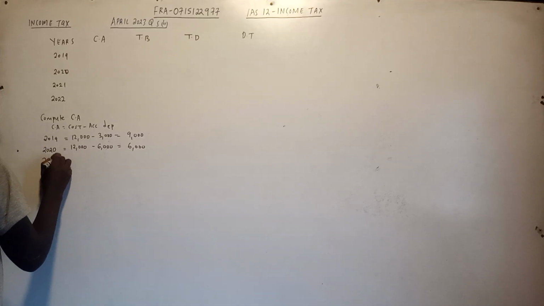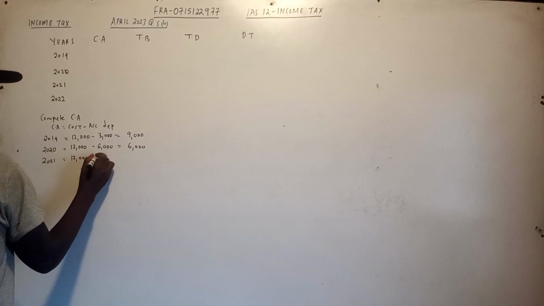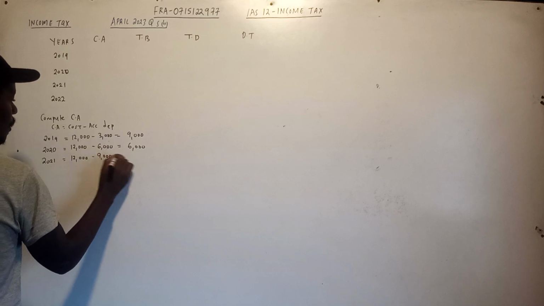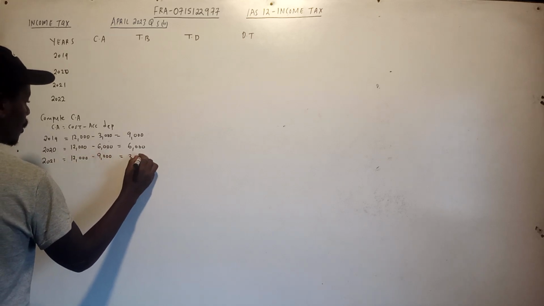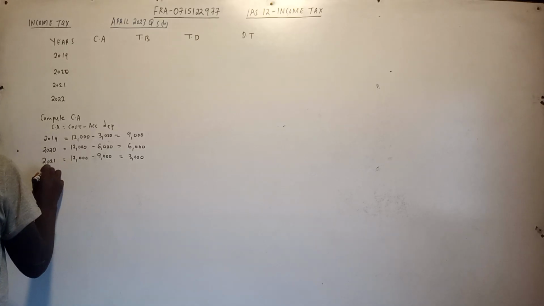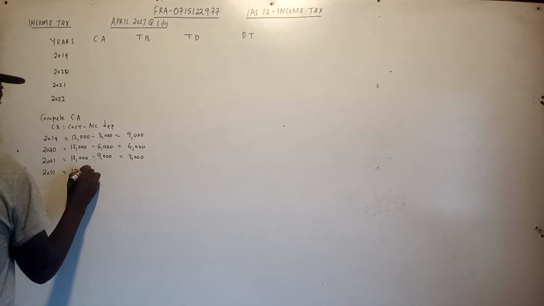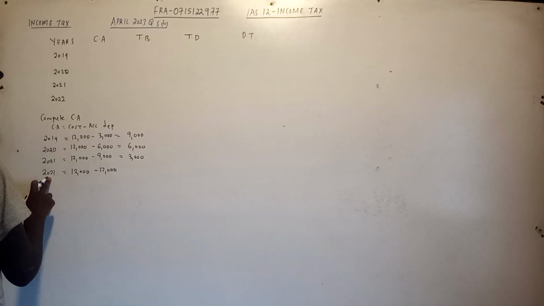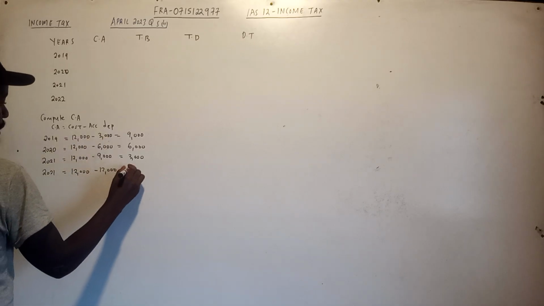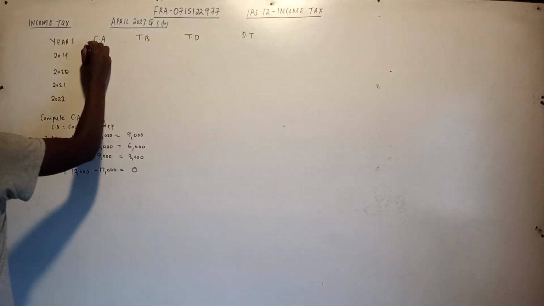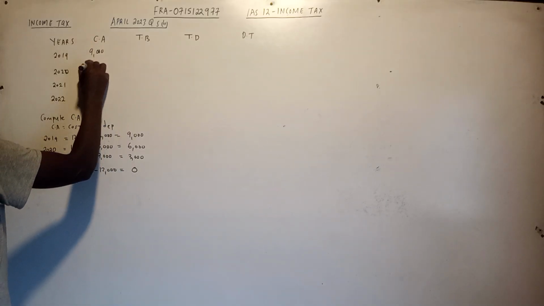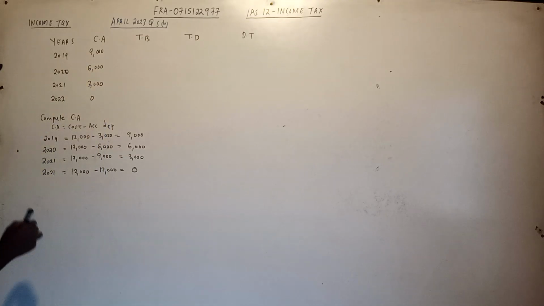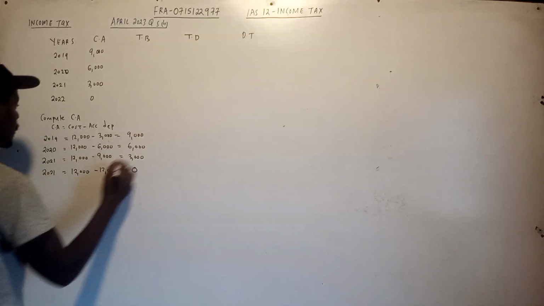Then 2021: cost minus accumulated depreciation, which for the three periods will be 9,000, so we are remaining with 3,000. Then 2022: accumulated depreciation for those 4 years will be 3,000 times 4, which is 12,000, so that gives 0. So you have a carrying amount of 9,000, 6,000, 3,000, then 0.